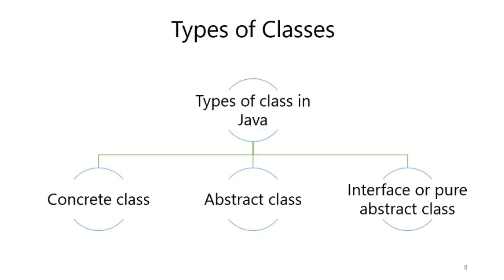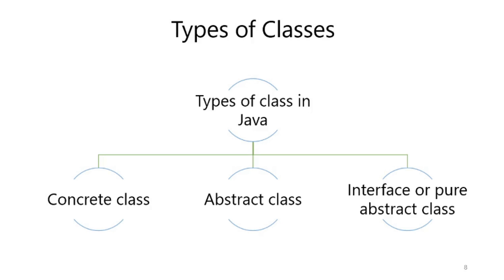So these are the classes of Java. What are the three types? Concrete class, abstract class, and interface or pure abstract class. Concrete class has a detailed declaration and access of the members in the class.